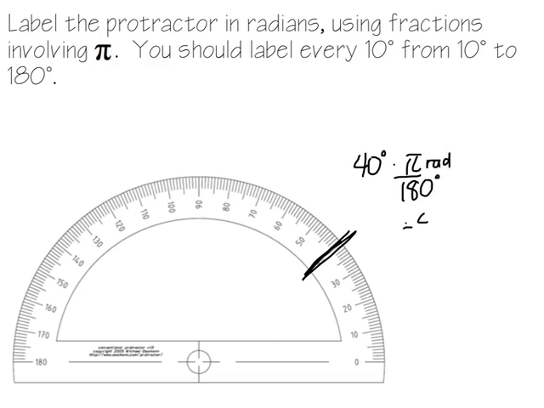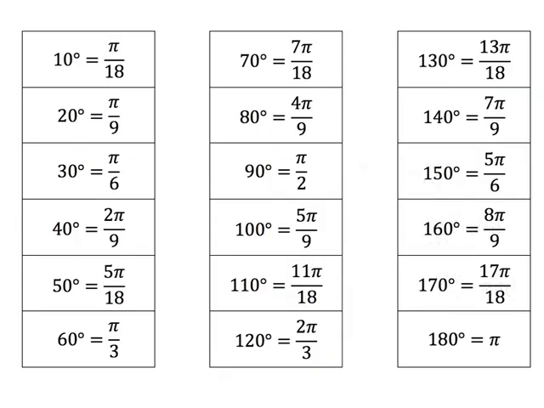And then it's just 40 pi over 180 radians. The degree unit cancels out. And then if I reduce this, top and bottom can both be divided by 20, which leaves me with 2 pi over 9 radians. I could do the same thing on all of them, which leaves me with these as my answers.